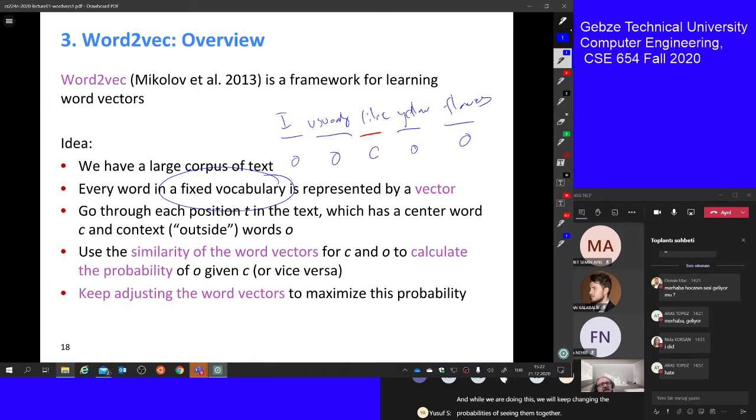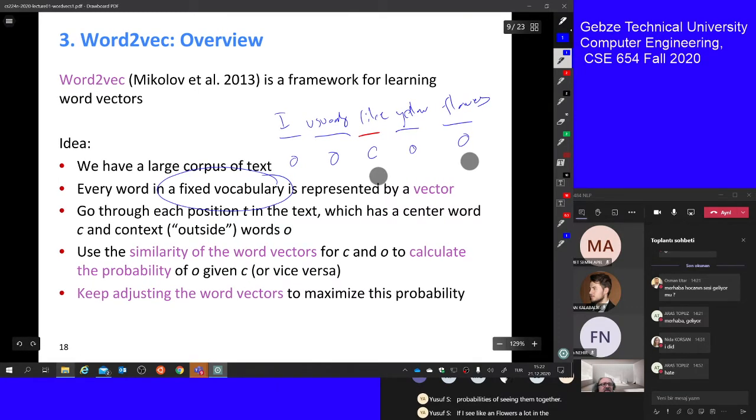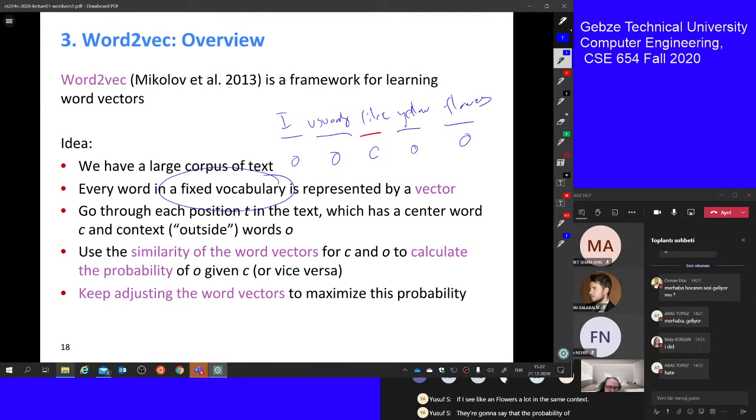If I see like and flowers a lot in the same context, we are going to say that the probability of seeing like and flowers is large. If I don't see it, then the probability will be smaller. That's the idea.